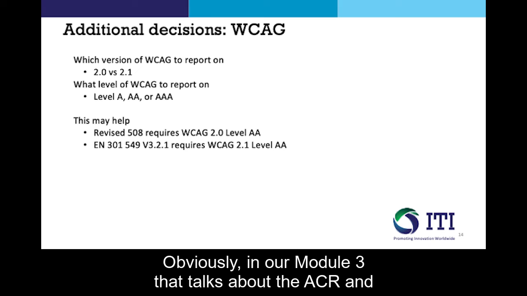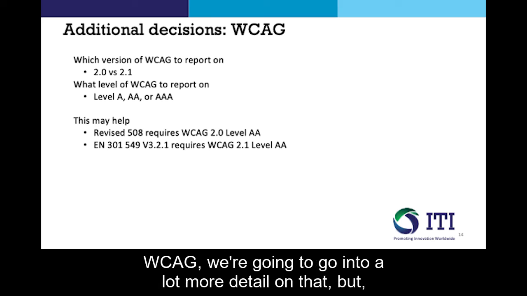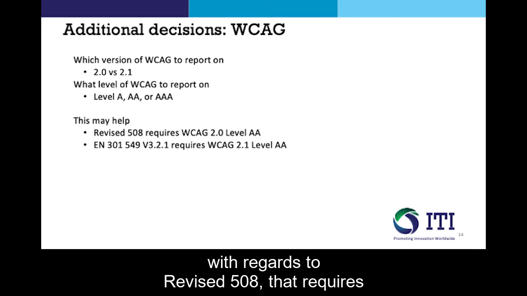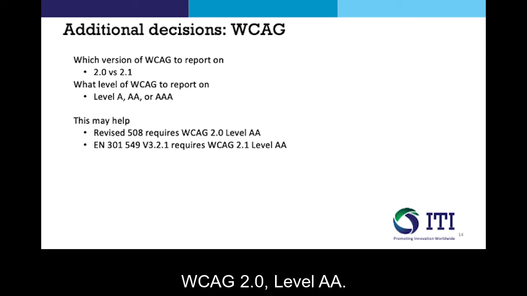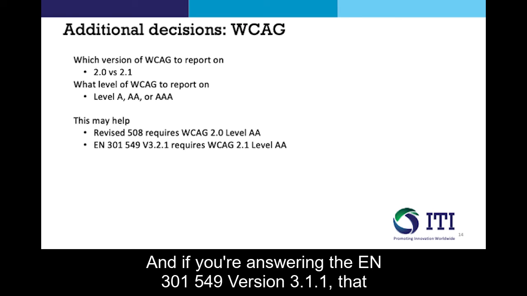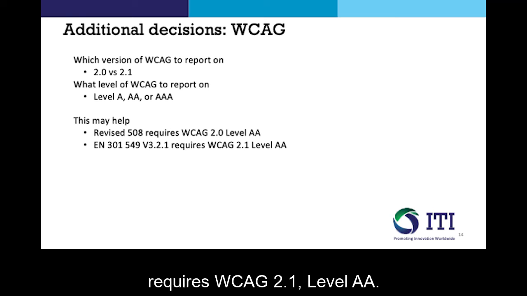In our Module 3 that talks about the ACR and WCAG, we're going to go into a lot more detail on that. But some things to keep in mind: if you're answering with regards to revised 508, that requires WCAG 2.0 level AA. And if you're answering the EN 301-549 version 3.1.1, that requires WCAG 2.1 level AA.